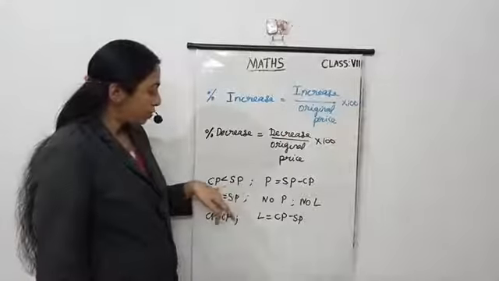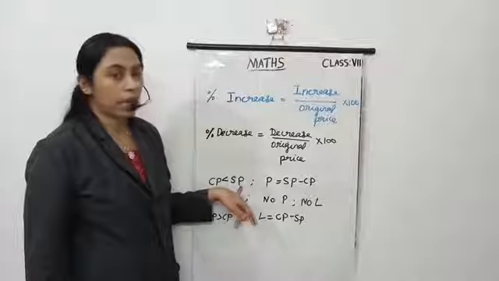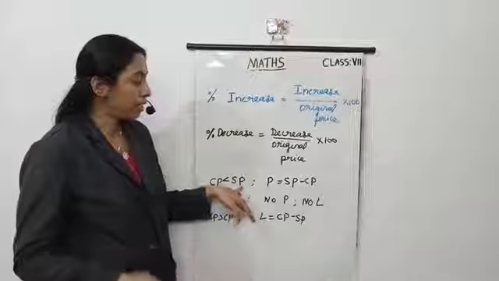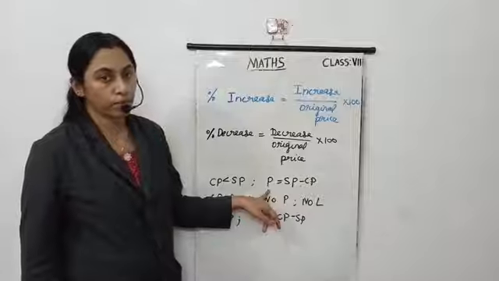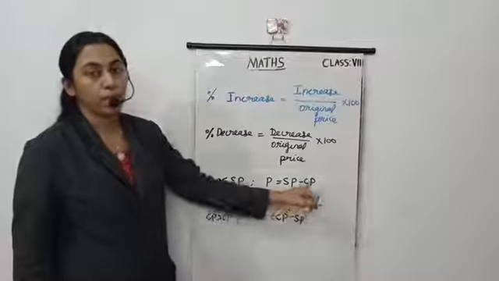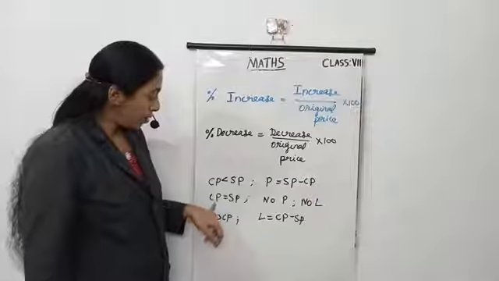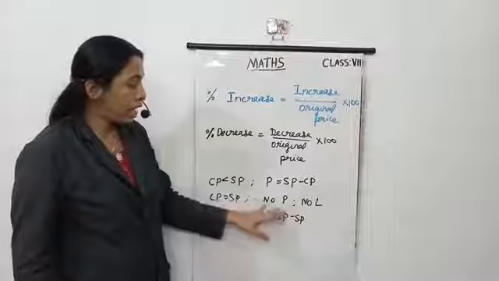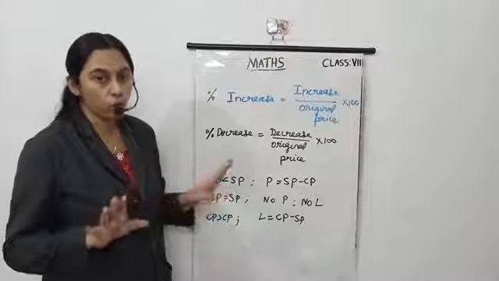And if CP is less than SP, that is cost price is smaller than selling price, then there is a profit, and that profit is equal to SP minus CP. Now if CP equals SP, both are equal, then we have no profit, no loss.